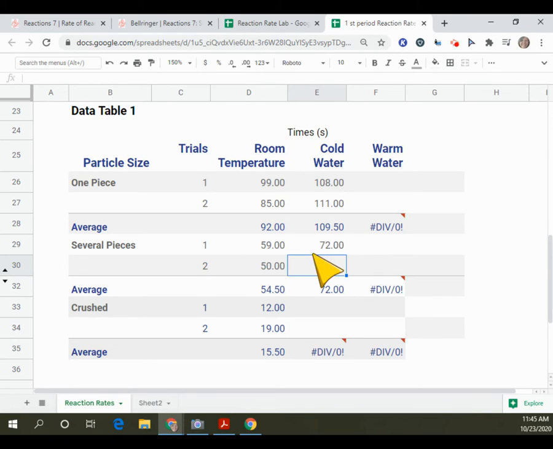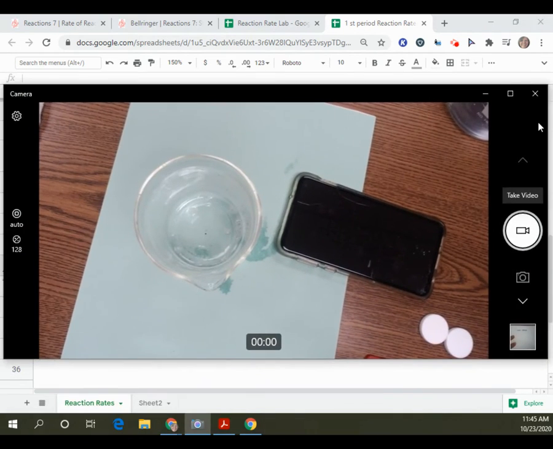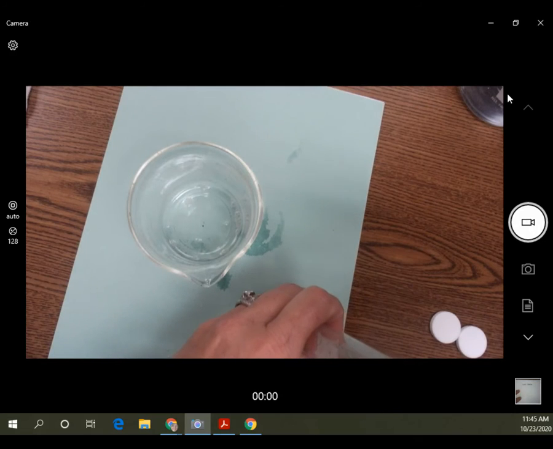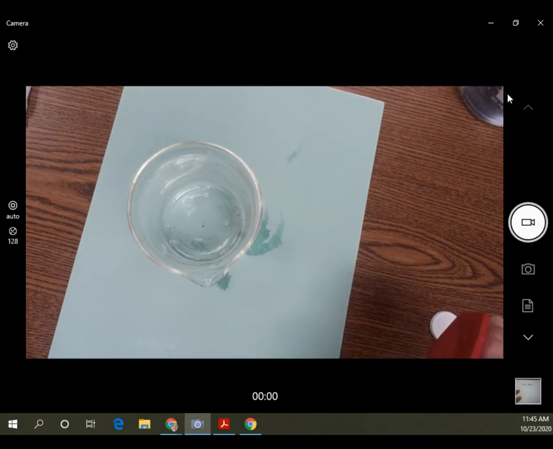So let's see. We need cold water, several pieces. So let's get some more of that ice water. And we'll try again. This time I'm going to remember to put the camera over for you. Okay. So we have our ice water. A little too much.